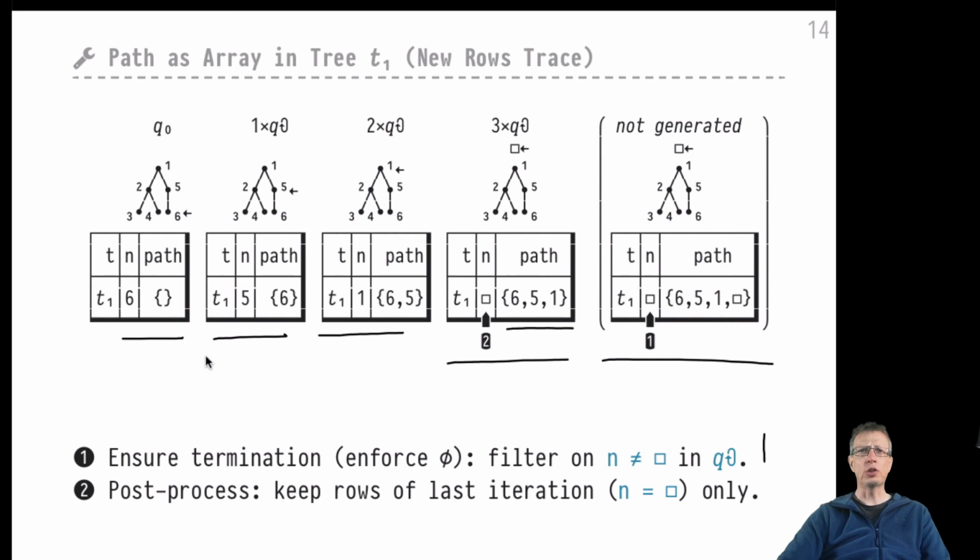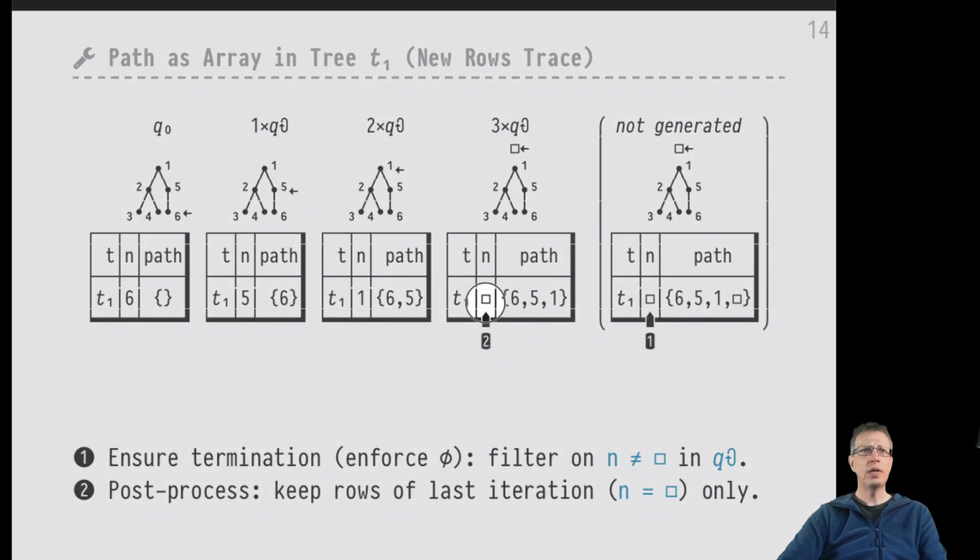Post-processing should actually remove these entries from our accumulated result. And we can easily identify the complete path information that we want to keep. It's exactly that entry added to the accumulated result table that has this null indicator in the node column.